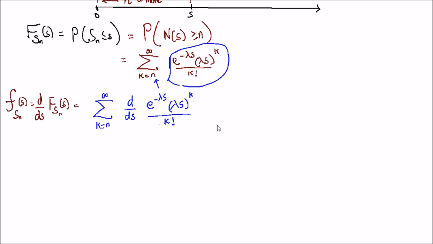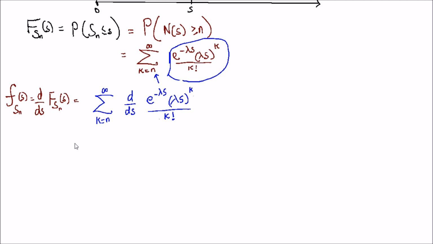Okay, so let's do this derivative. So we have the summation of k equals n to infinity of, we're going to utilize the product rule here. The first term, e to the negative lambda s, circling in black. And the second term, lambda s to the power of k, circling in red.